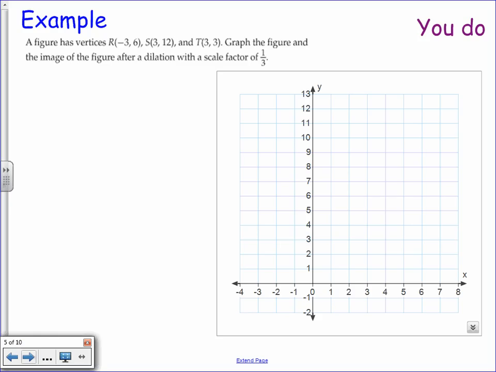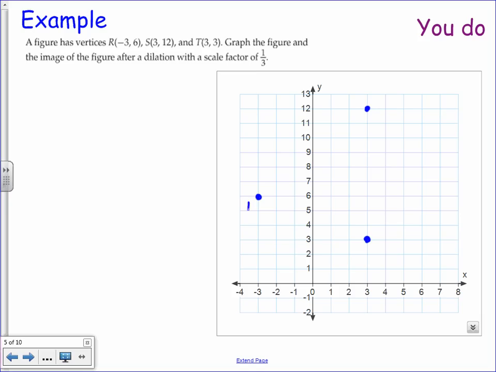So a figure has vertices R(-3, 6), S(3, 12), and T(3, 3). Graph the figure and the image of the figure after dilation with a scale factor of 1/3. So first of all, let's plot this figure. We've got -3, 6, and then we've got 3, 12, and 3, 3.